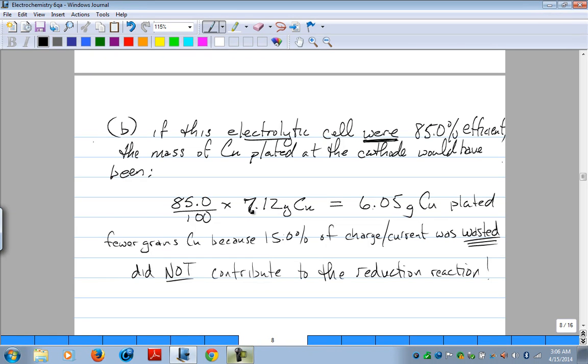So that's the direct, easy efficiency question. 85% of 7.12 grams of copper is 6.05 grams of copper plated. And again, that's because 15% of the current was wasted one way or the other.